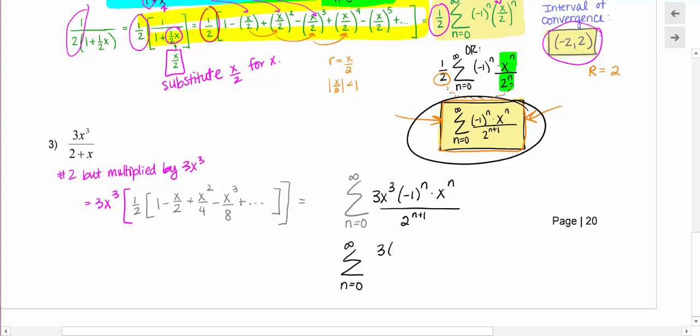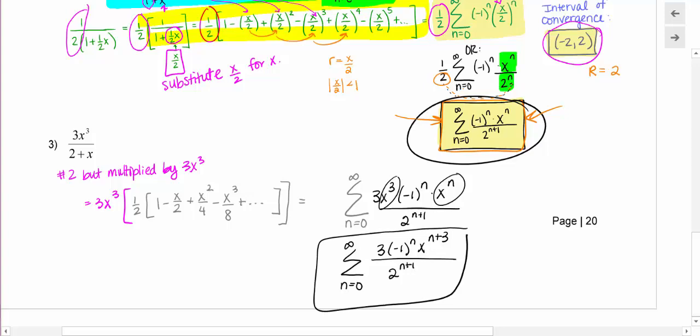So it's 3, -1 to the n. Then this, you have x to the third and x to the n. That is not x to the 3n. Be very, very careful because this is x to the n plus 3 all over 2 to the n plus 1. So there is my power series.